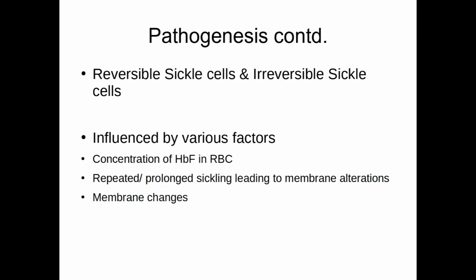If the concentration of fetal hemoglobin in an RBC is more, then that RBC is likely to become a reversible sickle cell. If there is repeated or prolonged sickling in an RBC, then decoupling of the membrane can occur, leading to an irreversible sickle cell. Some membrane changes are also associated, because of which the sickle cells are no more reversible.